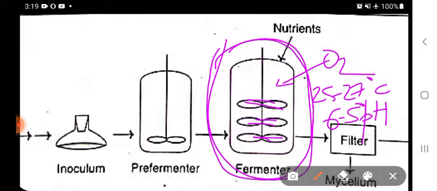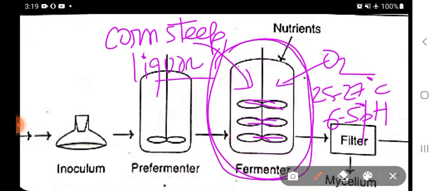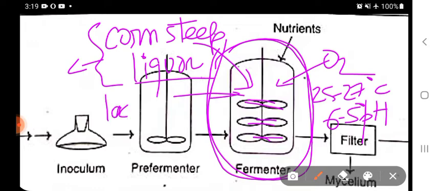Generally, the medium where the Penicillium chrysogenum are being grown in this fermenter, so that we can obtain penicillin from this culture medium, mainly consists of corn steep liquor obtained from the corn grain, and for carbon source we need lactose in the culture medium.